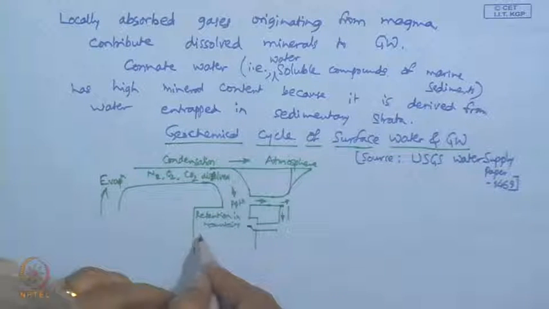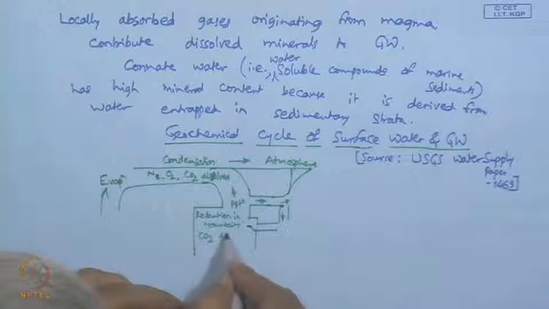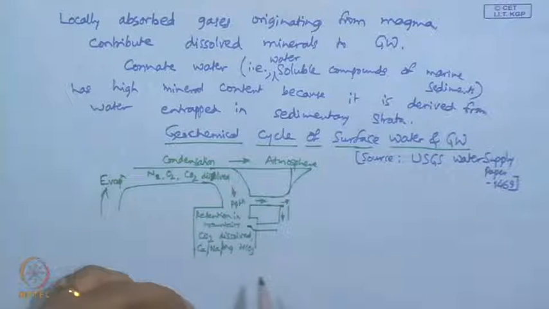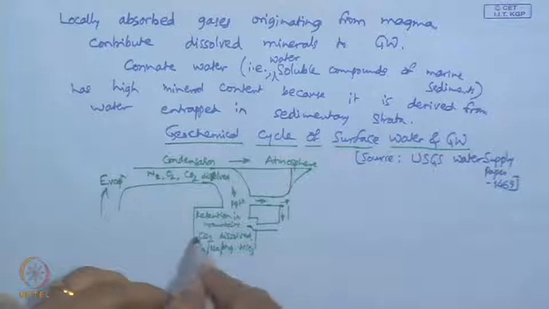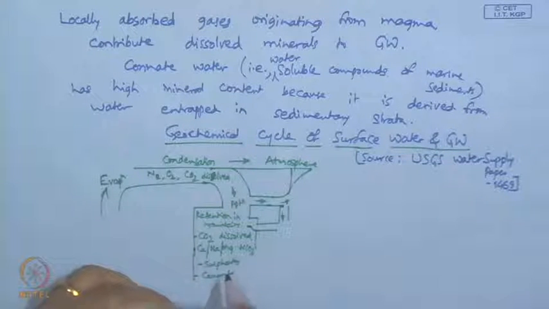So, here it gets added with CO2 dissolved in soil, then calcium, sodium, magnesium bicarbonates, and then it also gets added with sulfates, and connate water.